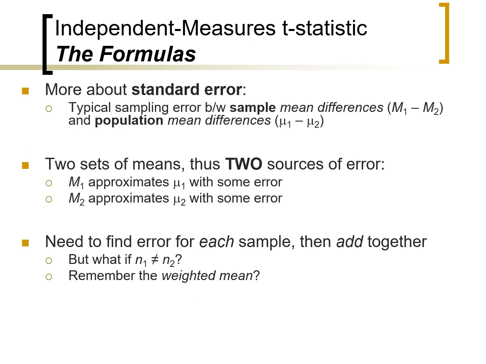So let's think a little bit more about standard error. Basically, there's a difference between sample means, that is our effect, not error yet. But if we think about sampling error, again, we don't know our actual population means for our two populations.